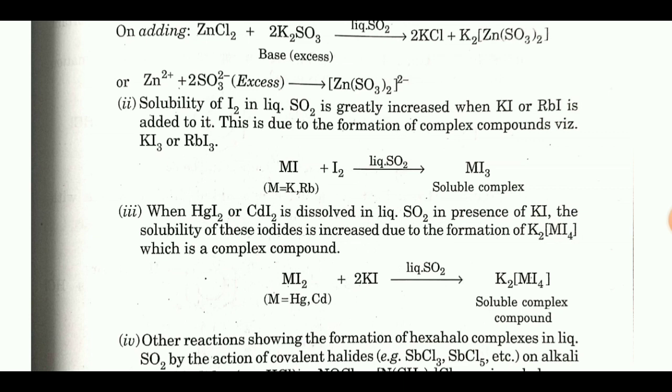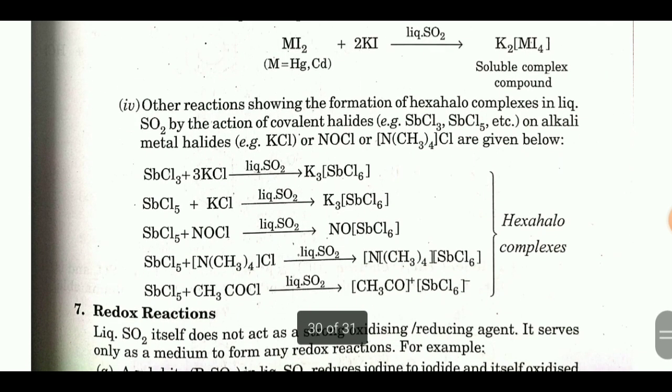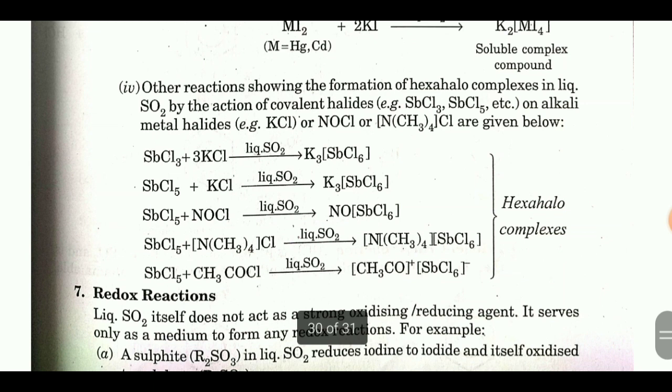This is due to the formation of the complex compound KI3 or RbI3. Third, when HgI2 or CdI2 is dissolved in liquid SO2 in presence of KI, the solubility of these iodides is increased due to the formation of K2MI4, which is a complex compound. Fourth, other reactions showing the formation of hexahalo complexes in liquid SO2 by the action of covalent halides on alkali metal halides are given below.